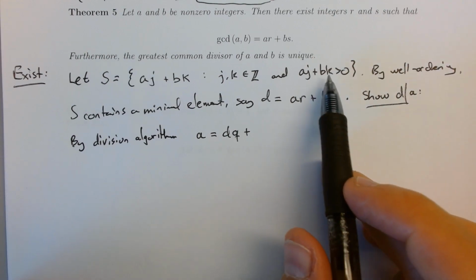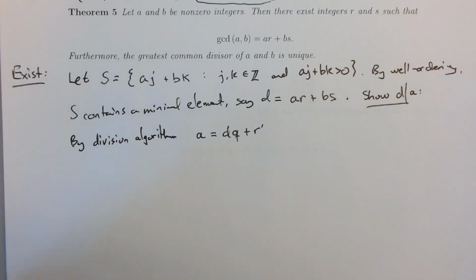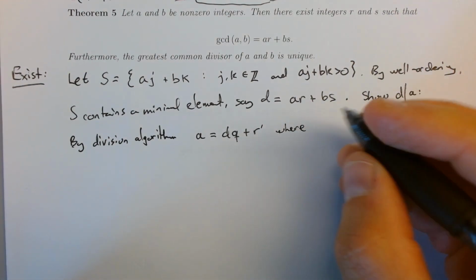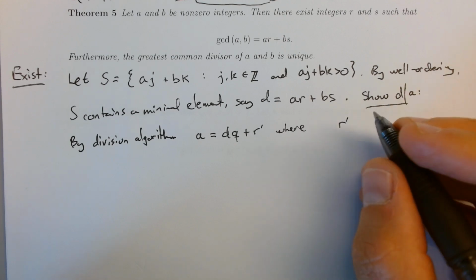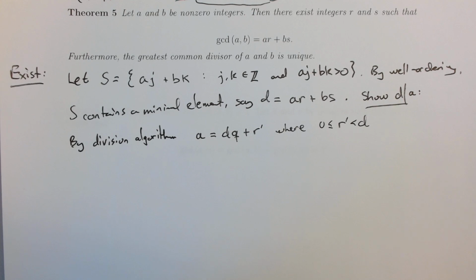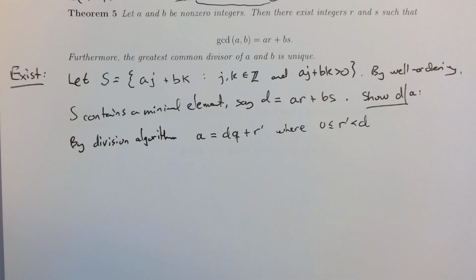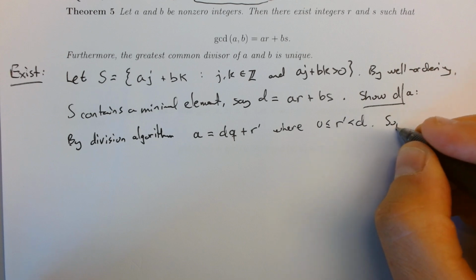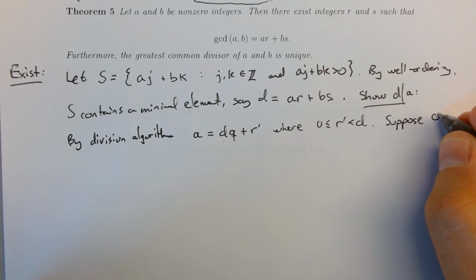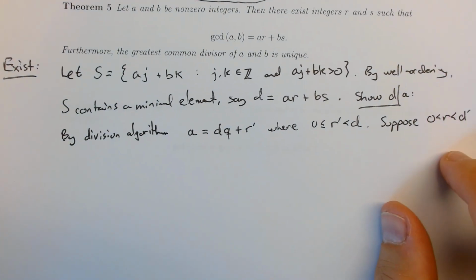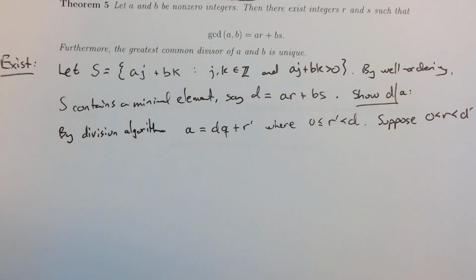And we're already using r up here, so we'll call it r prime, where that remainder, r prime, is between 0 and D, not equal to D. Now what we actually want to show is that r prime is 0. So for a contradiction here, let's suppose that it's in that interval but not 0. So suppose that it's strictly between 0 and D. If we can get a contradiction from there, the only other possibility is that it's 0.